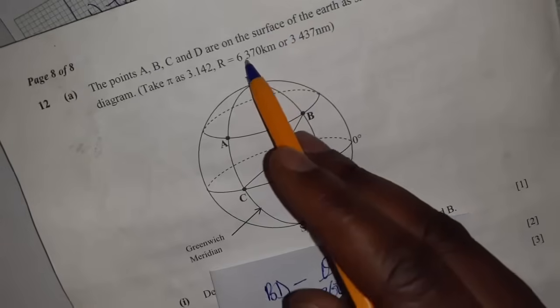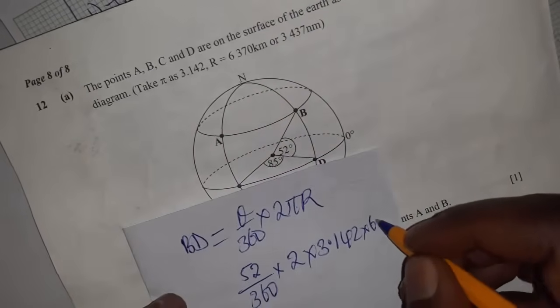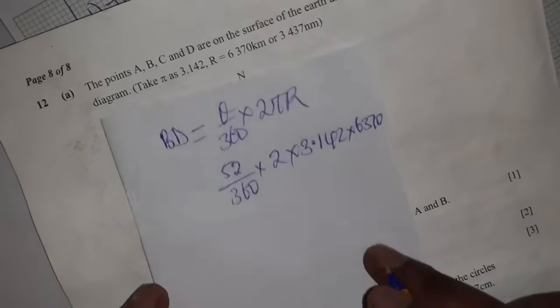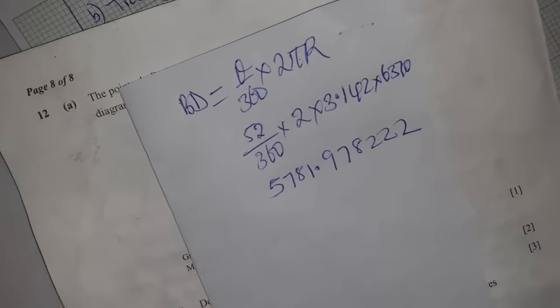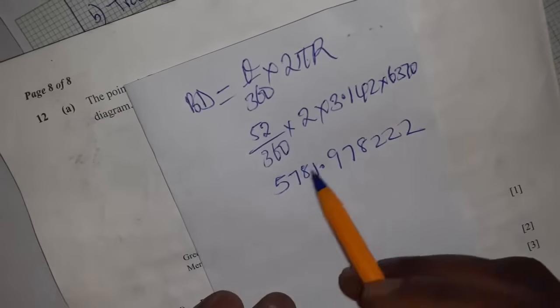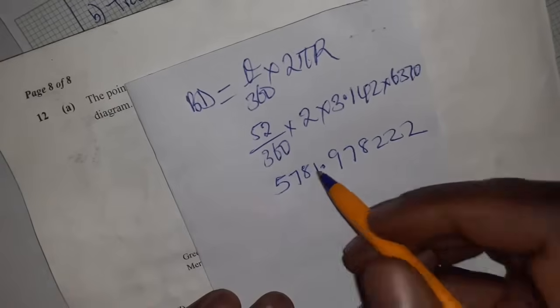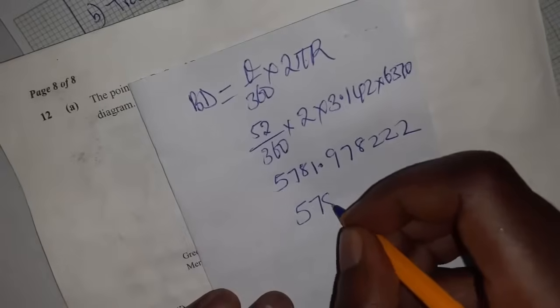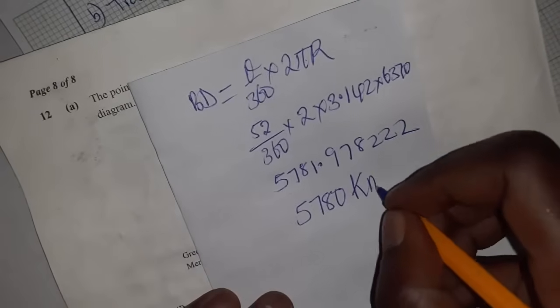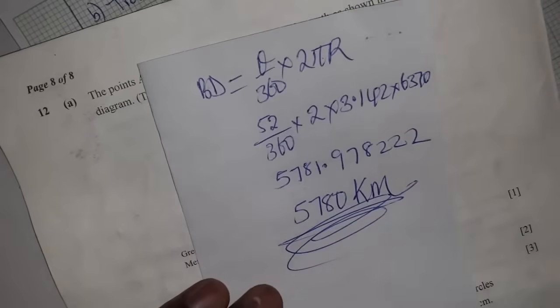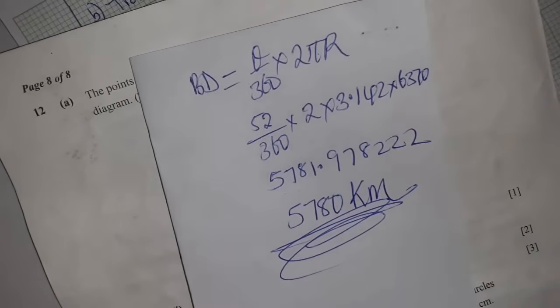Now we use this one, which is in kilometers, 6370. Let's punch that on our calculators. This is the answer that you're getting. Now you need to round off to 3 significant figures, as we always do. 1, 2, 3. So it will be 5780 kilometers.